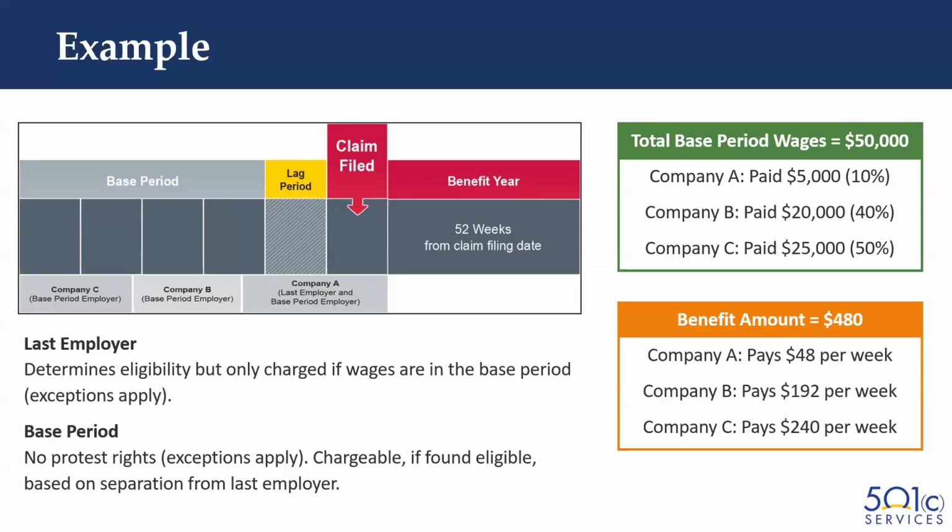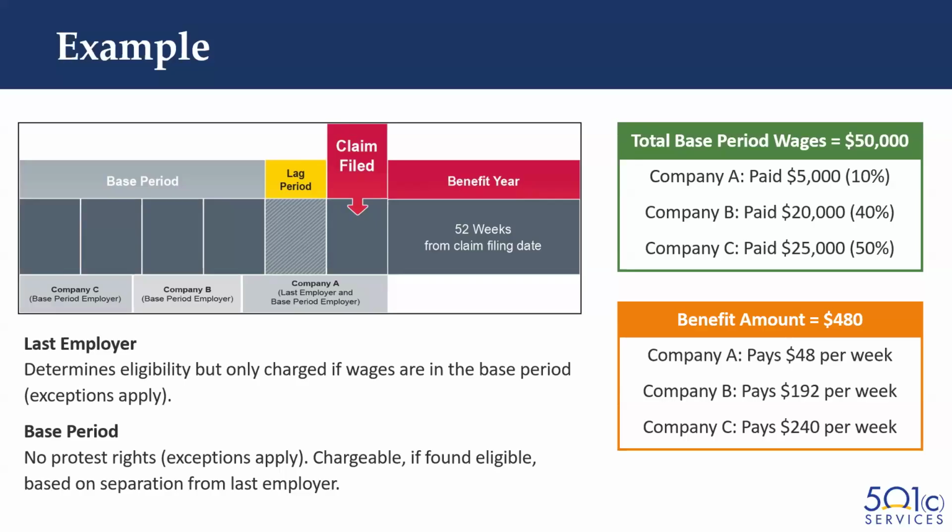One form is going to address eligibility based on separation, and the other one's going to address liability. Some states combine those forms, but in general, this is how that works. So Companies B and C are only going to get that base period notice, letting them know that if this person is found eligible from their most recent employer, they're going to have some liability on this claim.